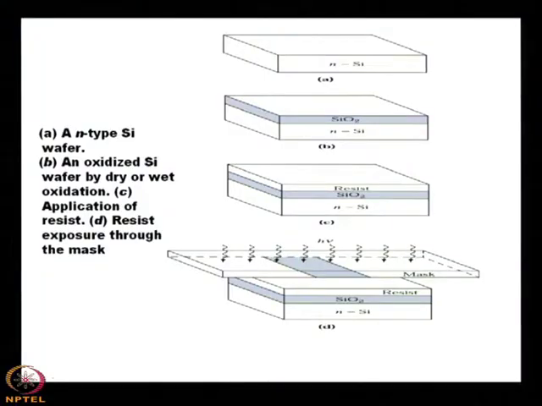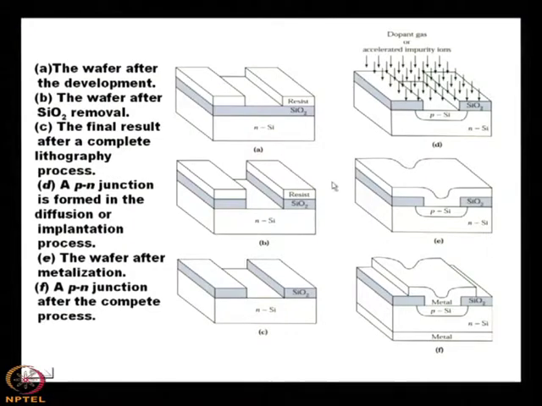Okay. So, in the next diagram you see that this is the photoresist coated area, and the wafer after the development will look like this. Development means, since ultraviolet light was used, it is exposed.